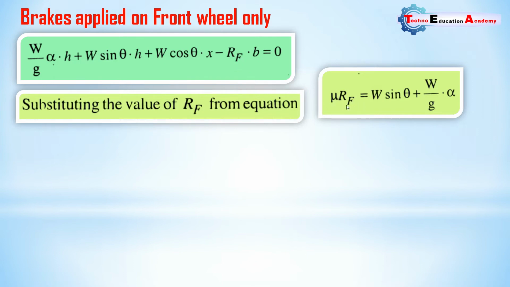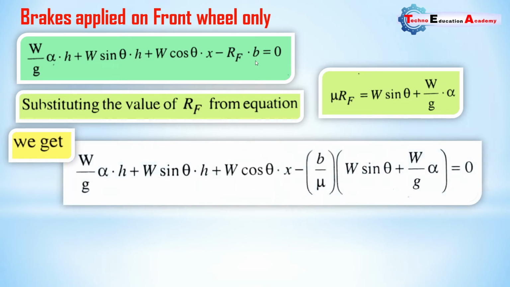From this equation we find the value of RF equal to W by mu sin theta plus W by G into mu alpha, or you can take the common term 1 upon mu in bracket W sin theta plus W by G alpha. Here the B term is already there, and the mu term is there, so they cross multiply with each other, giving 1 upon mu in bracket W sin theta plus W by G alpha. Here we put the value of RF in this equation.